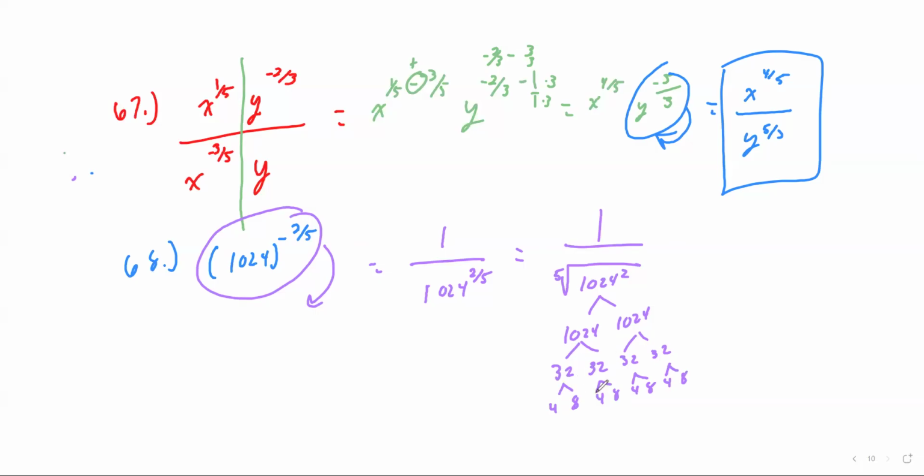Those are still four fours and four eights, but I do now know that 8 can break down into 4 and 2. Man, before I go any further, this is what they're asking, number 68. I got this twice. 32 times 32 is that. 4 times 8. Okay, so here we go.